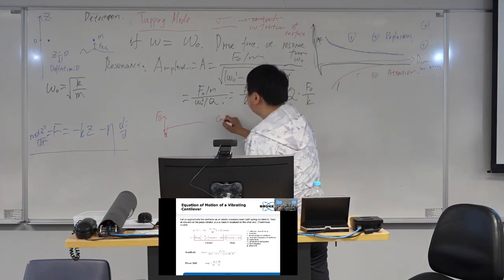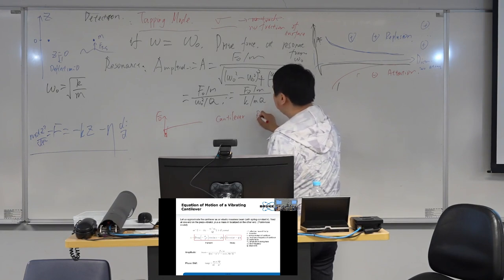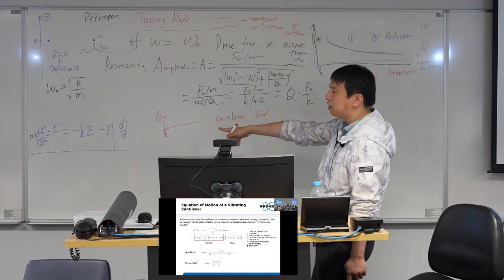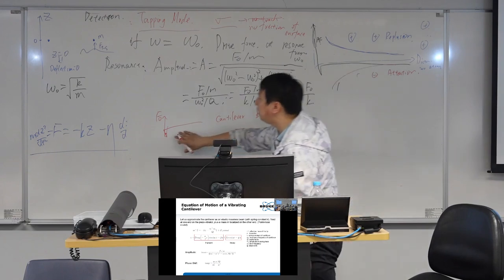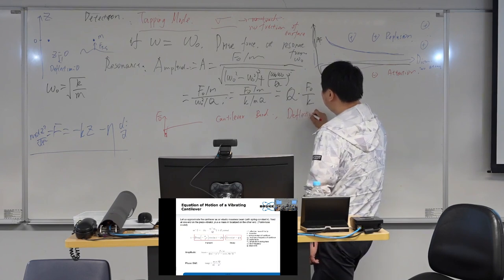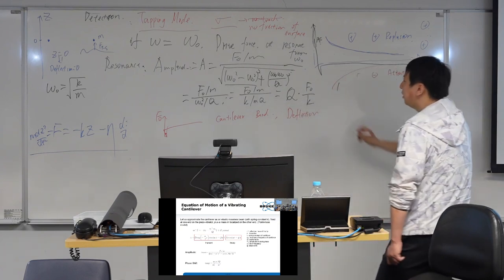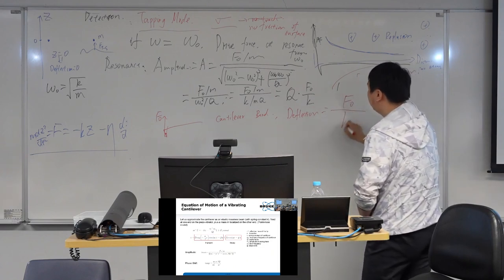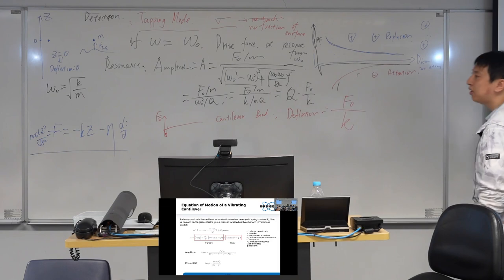The cantilever will bend, right? The deflection of the cantilever should follow Hooke's law, equals F0 divided by K, right?